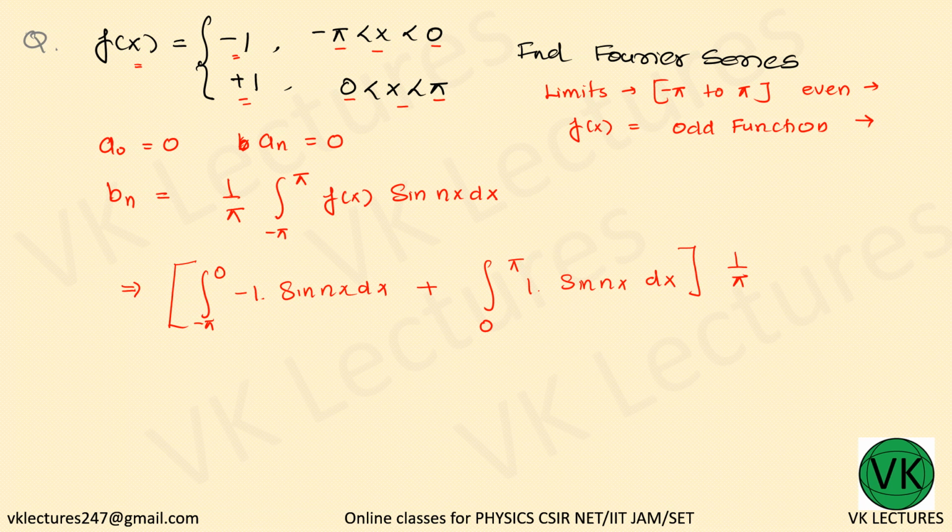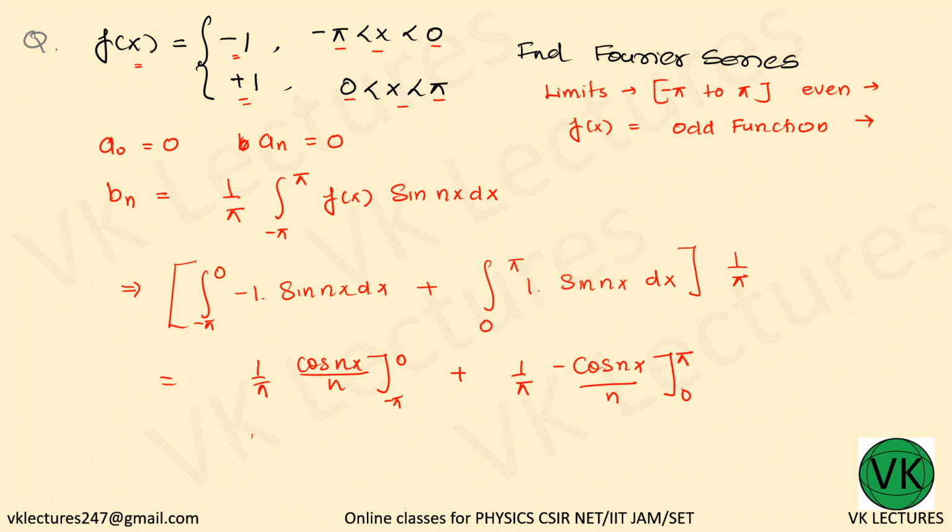Now the first term, minus 1 into integral of sine nx, is cos nx by n, cos with a minus sign, so minus of minus is plus, so 1 by pi into cos nx divided by n from the limit minus pi to 0, plus again 1 by pi, instead of cos we have minus cos, so minus cos nx divided by n in the limit 0 to pi.